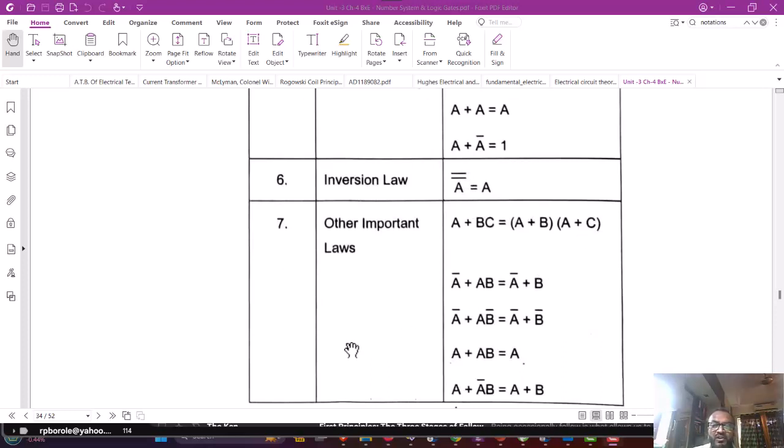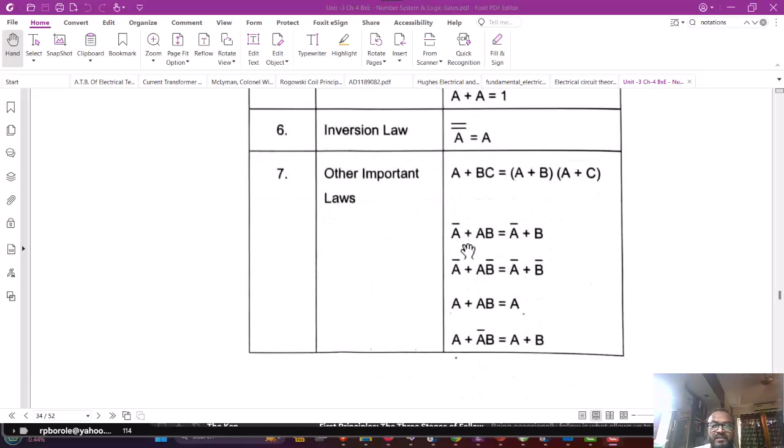The other important laws are: A or BC is equal to A or B and A or C. A bar or AB is equal to A bar or B. A or A bar B bar is equal to A or B bar.